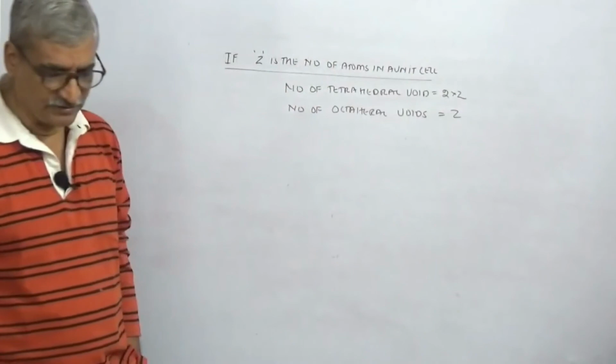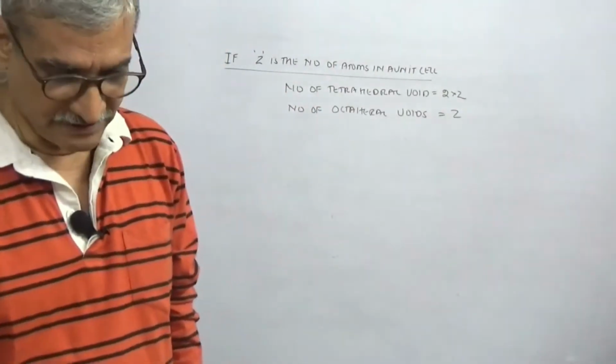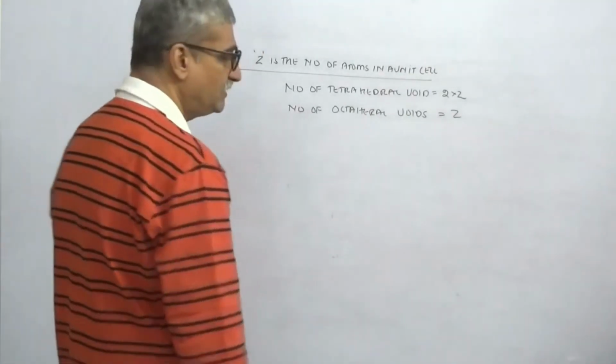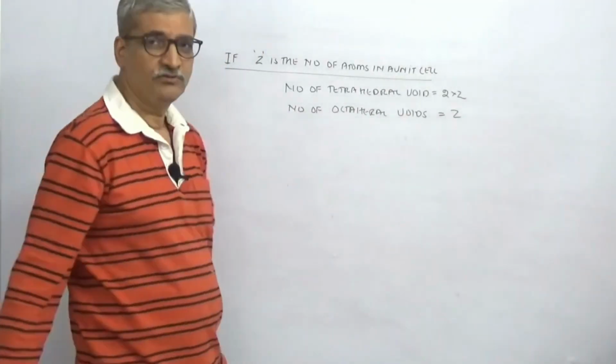Number of atoms in unit cell. जो calculate किया ना हम लोग ने, face centered will be 4 and body centered will be 2 and simple will be 1. Why we need to know this?